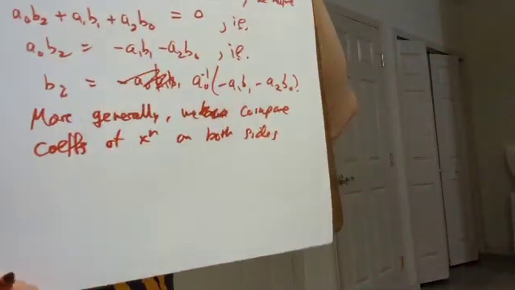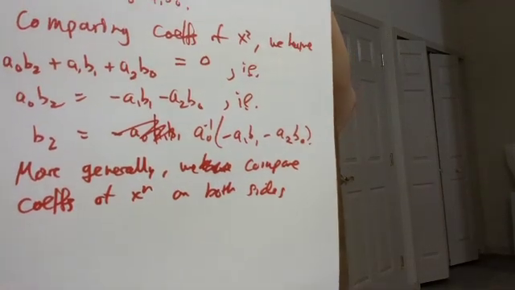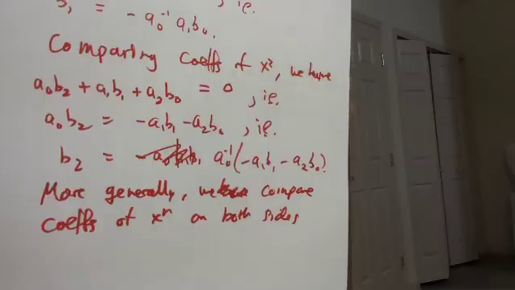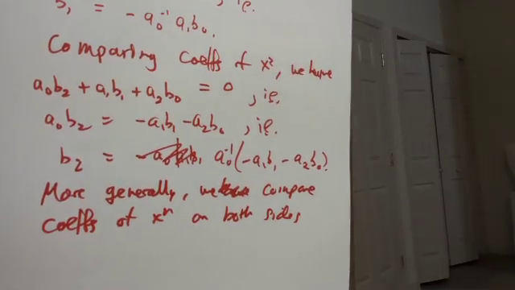We compare coefficients of x to the n on both sides. We just compared constant terms, and the coefficient of x squared on both sides. In general, we'll be comparing the coefficient of x to the n on both sides.